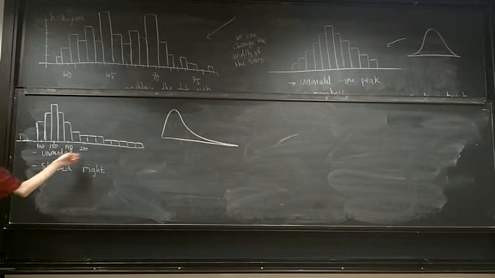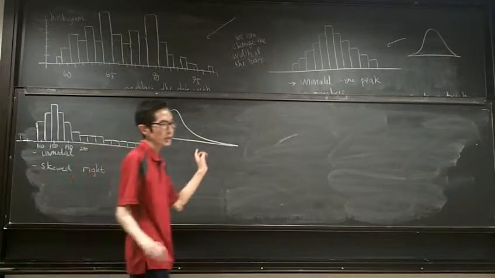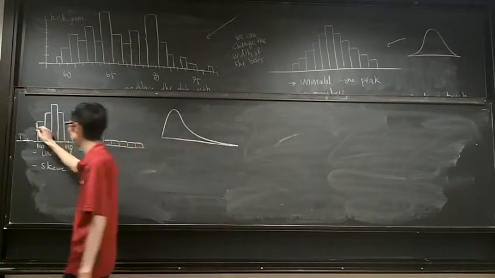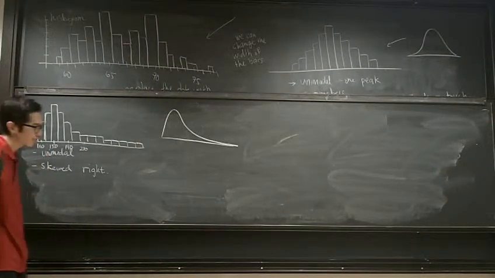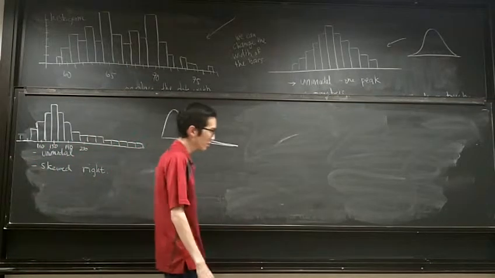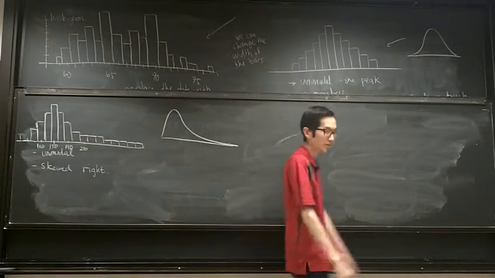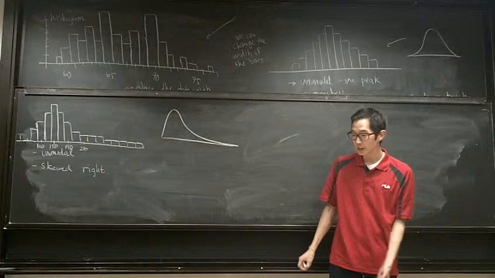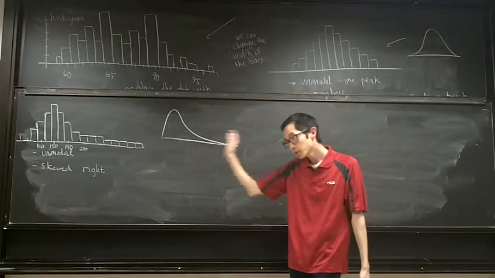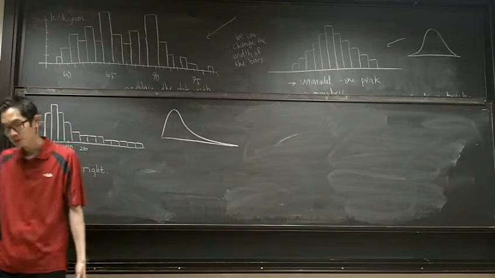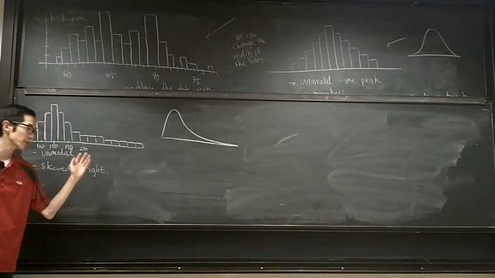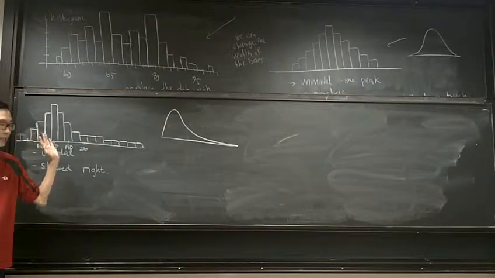So this could be something like weight, okay? So maybe this is female weight, all right? Average weight in the U.S. for adult females is like 145 pounds, okay? And if you go further to the left, yeah, a lot of women weigh like 120 pounds or 100 pounds, things like that, okay?